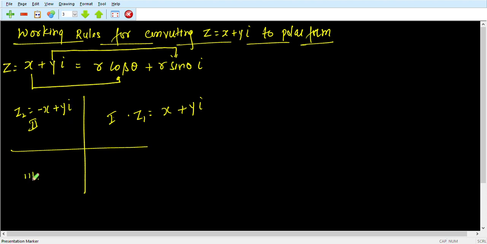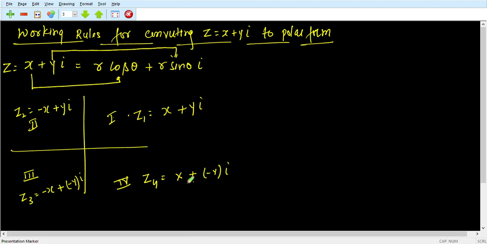Theta will be in third quadrant only if the real part is negative and imaginary part is also negative. Theta will belong to the fourth quadrant, and for this case the complex number will have positive real part but negative imaginary part.